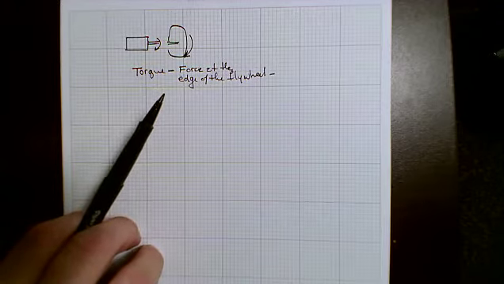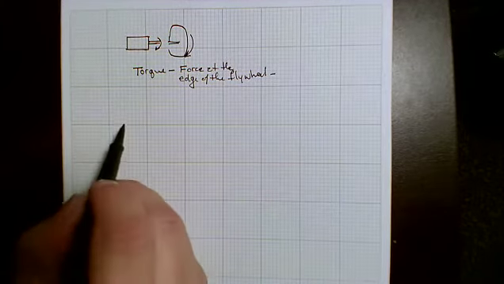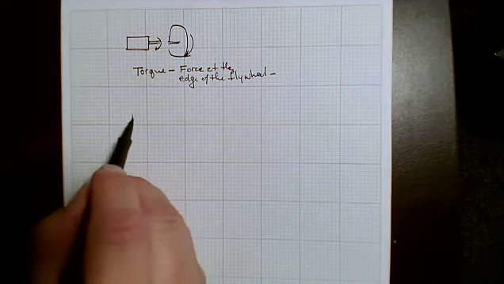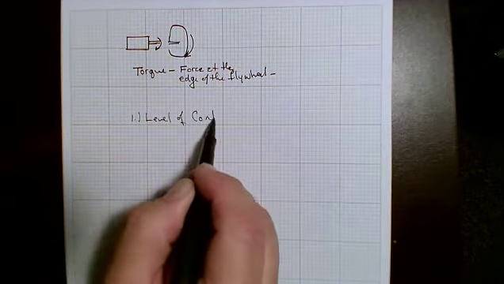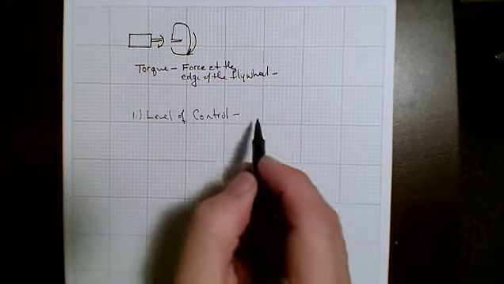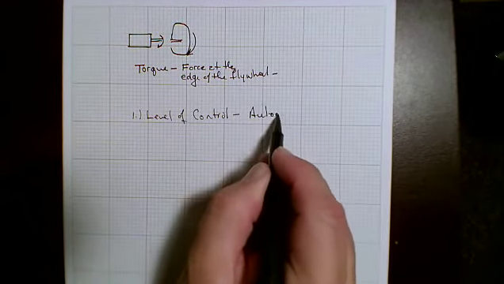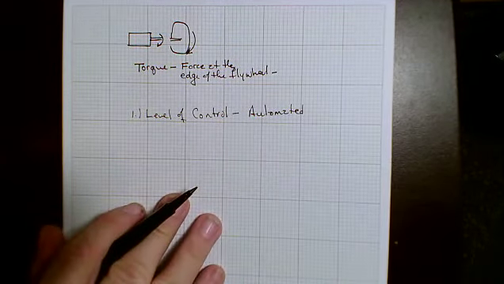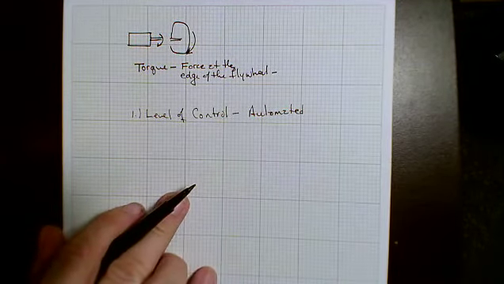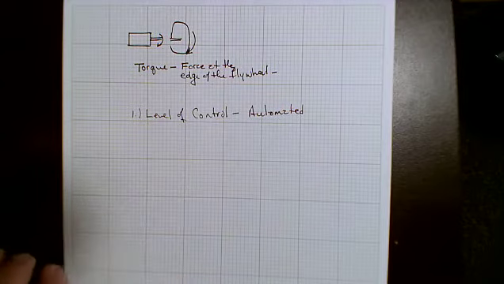What is happening to us are three things over the next 20 years. The first is the level of control. This is important because more and more these machines are becoming automated. They're self-controlling, the same way a self-driving car is.